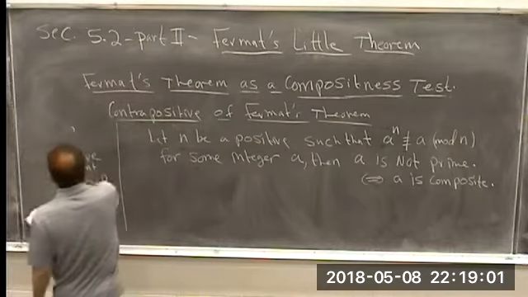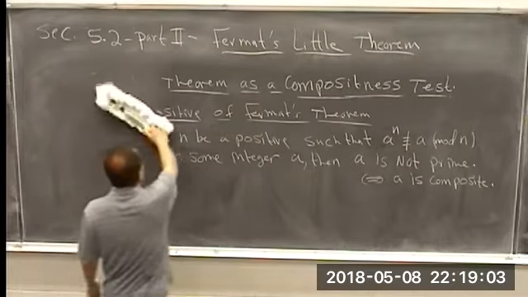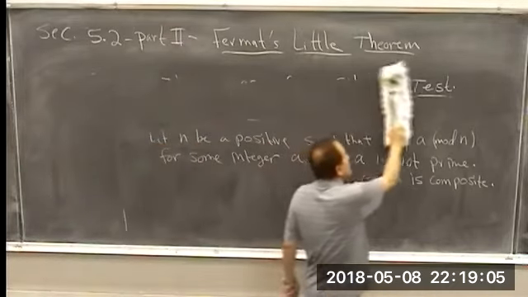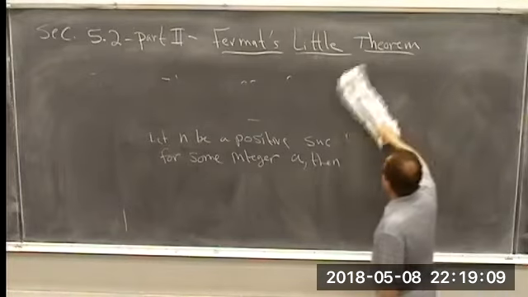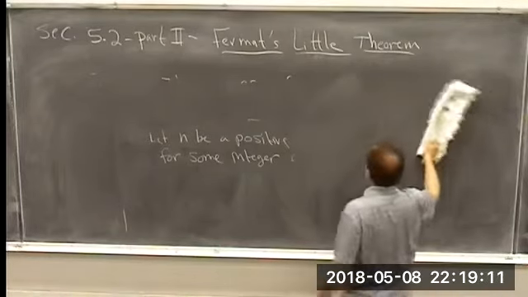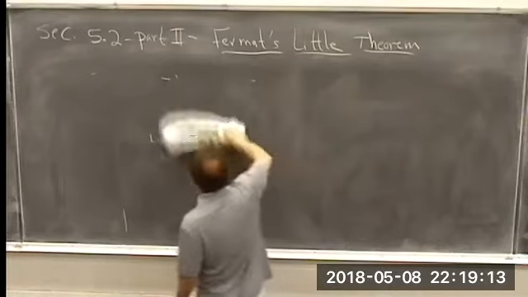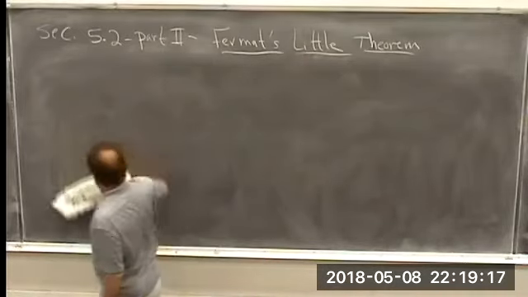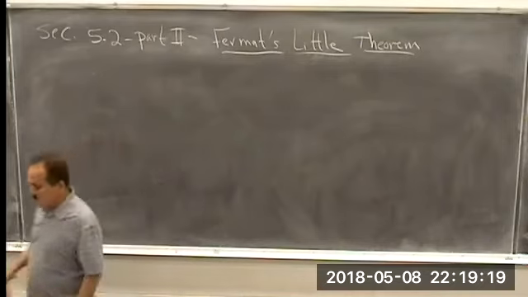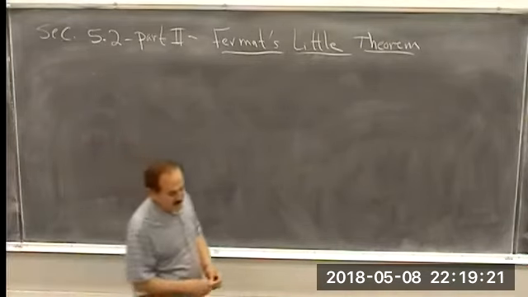So let's look at an example of how we can show that a simple number like 63 is composite, which we know it is. But we're going to prove this without using the factors 7 and 9, for example.